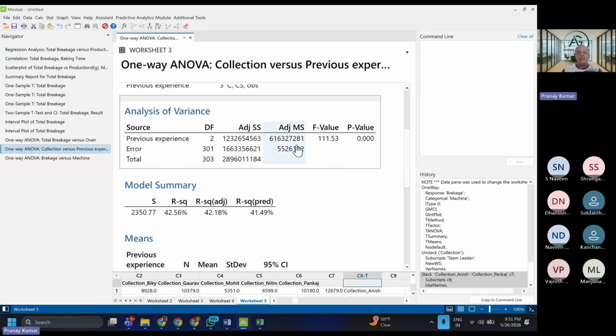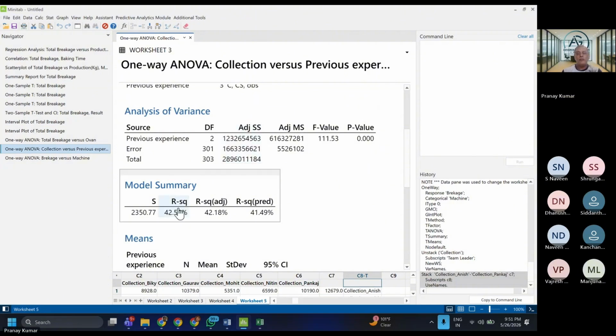Here you are necessarily saying, out of the total variability of 289, 601, 1184, how much is contributed by the factor? This becomes your R square value. Tomorrow we'll mathematically do it, with calculator and all that, so that we understand this well. Don't worry.